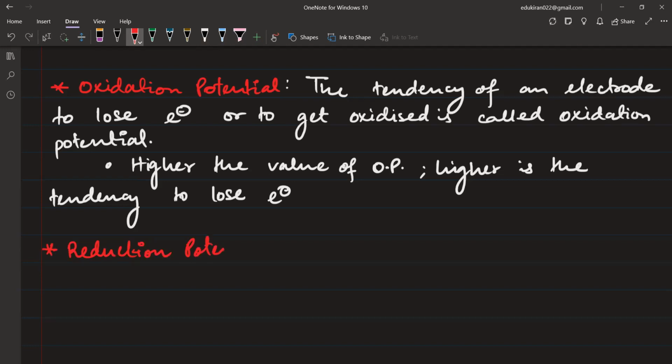Reduction potential. There is no difference, same definition here.